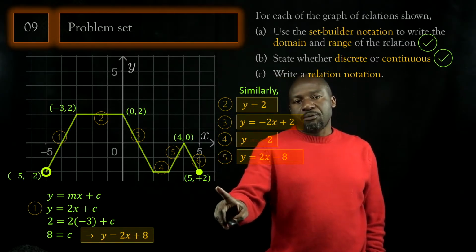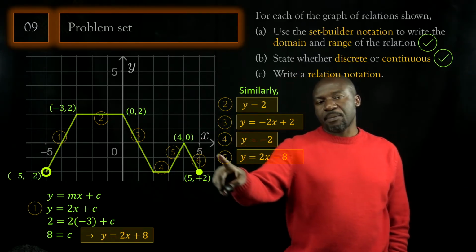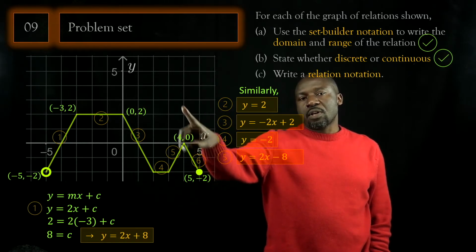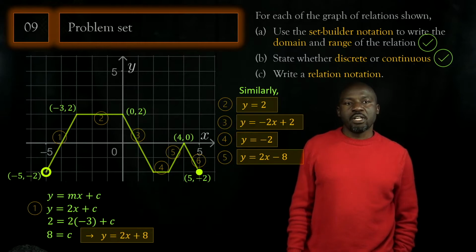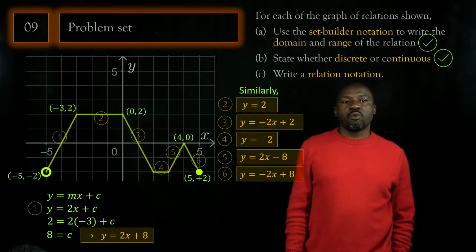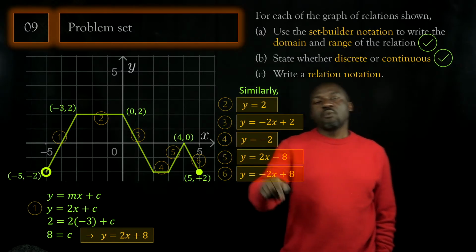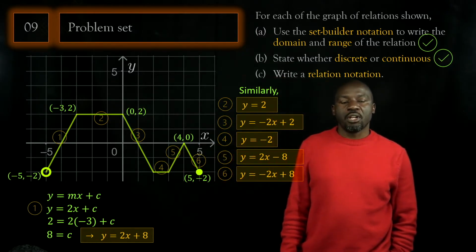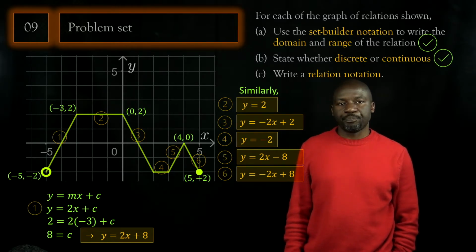And this one, if we extend, has a gradient of negative 2, so we would write negative 2 something, okay? And it will cross the y-axis up there. Check it out on your own, and you should see that you come up with the equation y is minus 2x plus 8. Okay, so now we have the equation of all the 6 different pieces of this relation.